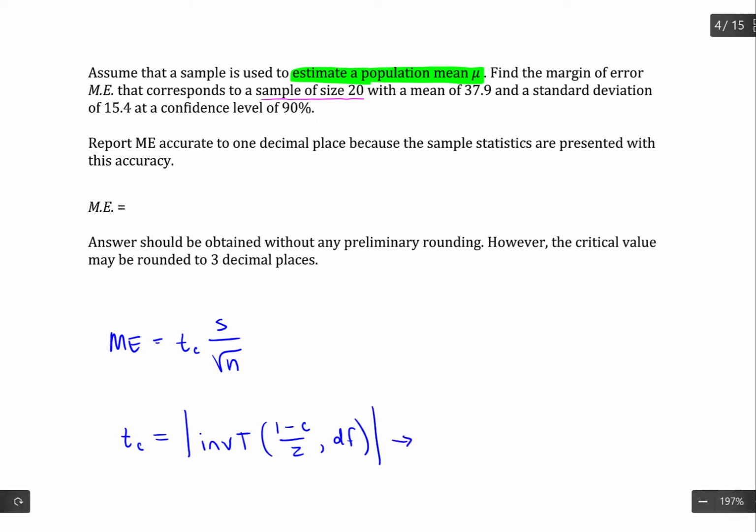So what it's going to look like is inverse t, 1 minus a level of confidence, which is 0.9, divided by 2, comma, 19. And again, that's because if your sample size is 20, your degrees of freedom is 1 less than your sample size, and that's why I'm using 19.